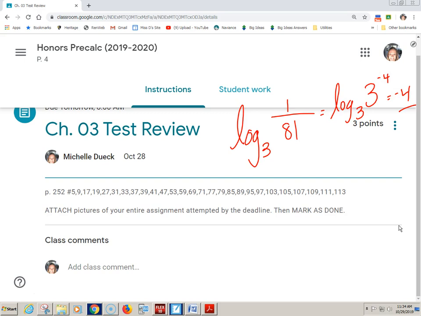But you could do ln of 1/81 over ln of 3. It's kind of a workaround. I don't think you necessarily need it unless in your answer you're getting something like log base 3 of 2, ln of 3 over ln of 2, like in section 3-4, and you're wanting to make the decimals match.